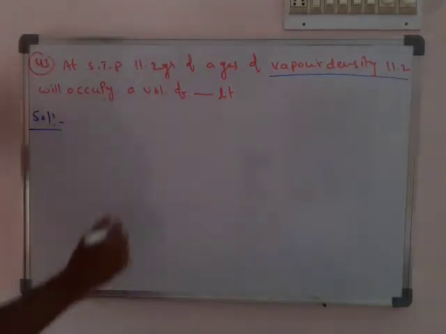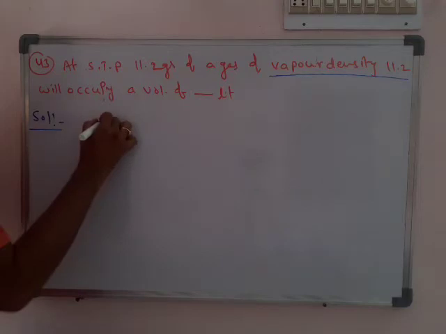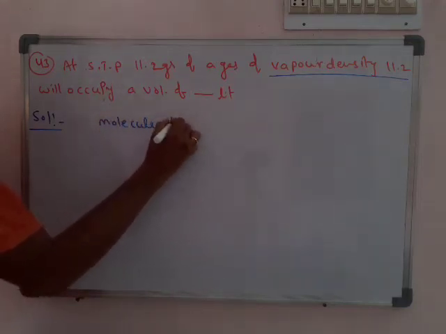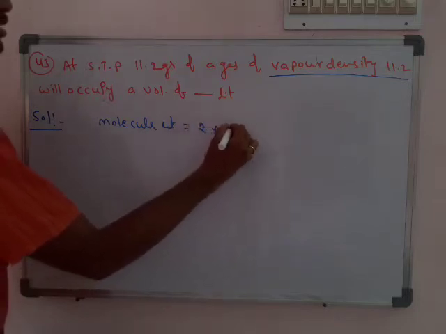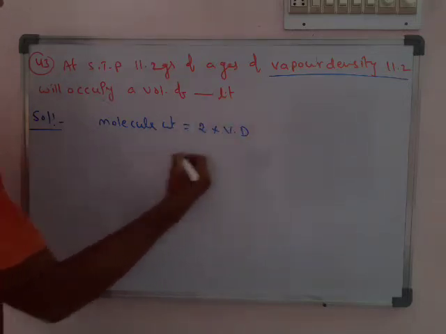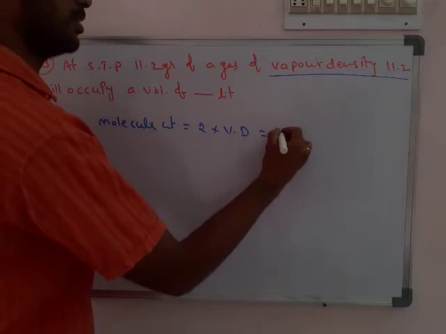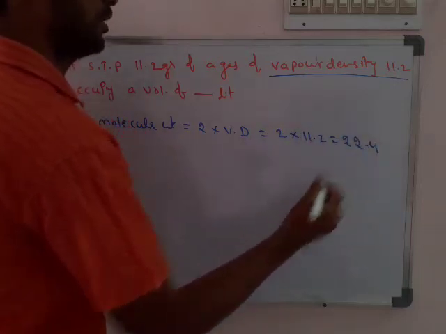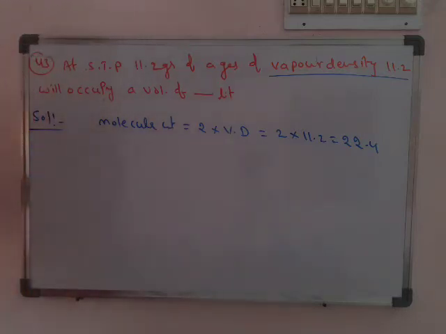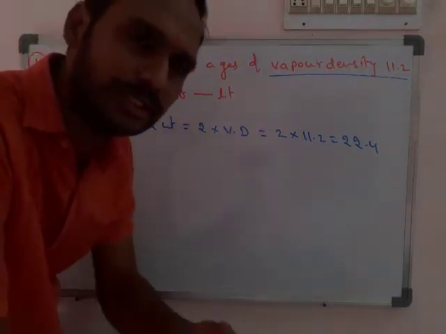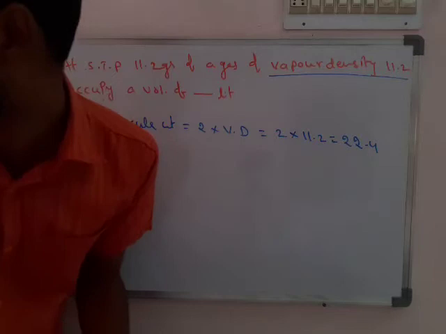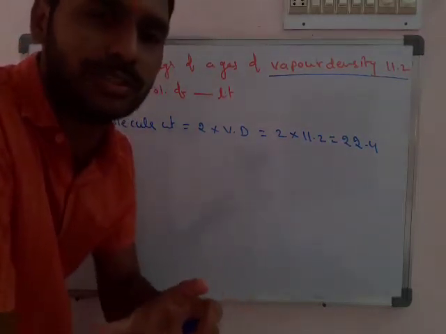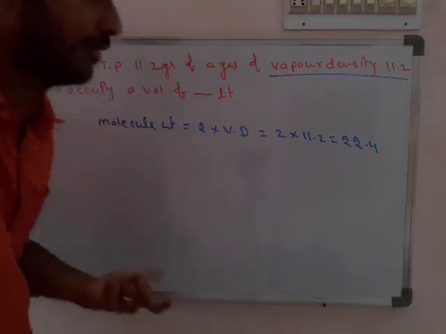So here vapor density is 11.2, and we have a formula that molecular weight equals 2 into vapor density. So what is the molecular weight here? The molecular weight is 22.4. Sorry, 22.4 grams, it is in terms of grams, the molecular weight.